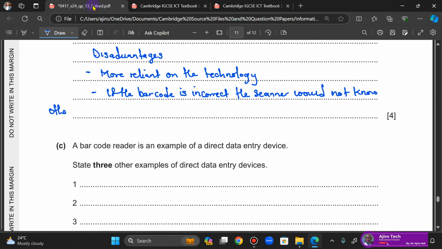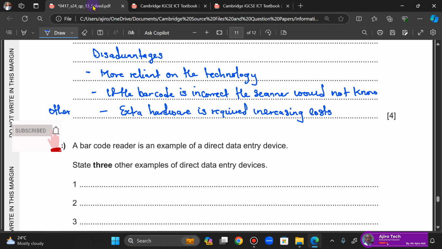Let me see if I can get others. Extra hardware is required, unlike typing. Just type normally, but for this, you have to actually buy the barcode reader. So that means extra hardware is required, increasing cost. Okay. The scanner could actually misread the barcode. And of course, what happens if the barcode is damaged?